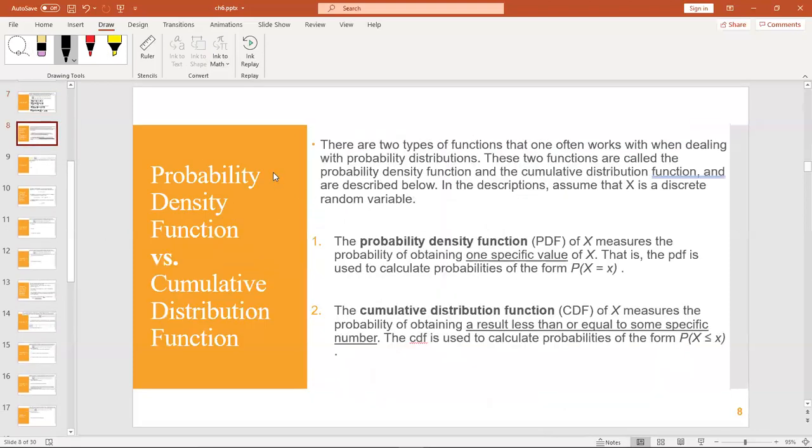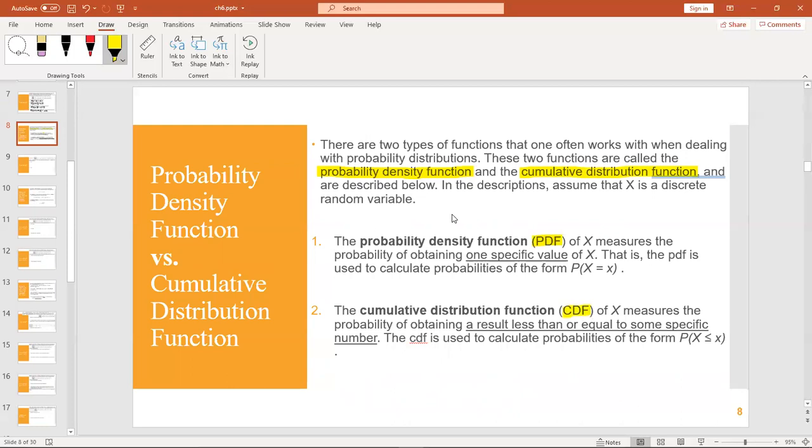All right, so there's two types of functions that people work with in statistics with probability distributions. You've got what's called a probability density function, which is called a PDF for short, which is not like the file extension for Adobe, but this is something different. And then there's also something called the cumulative distribution function, which is called the CDF.